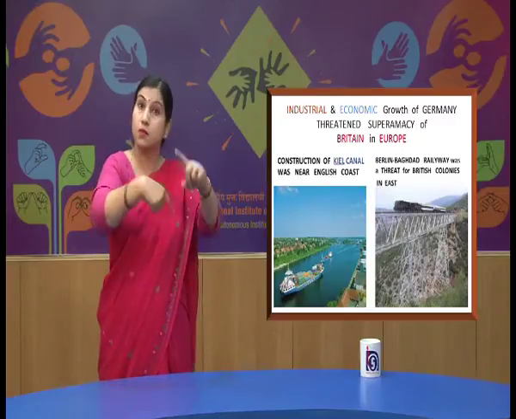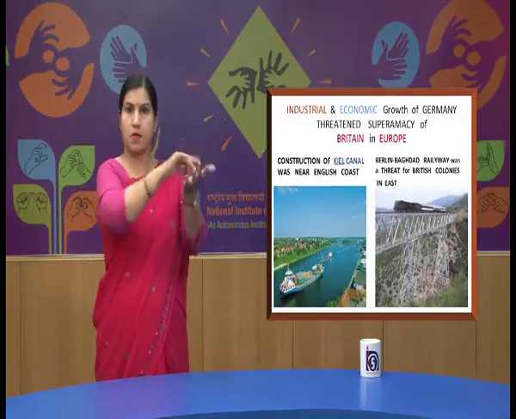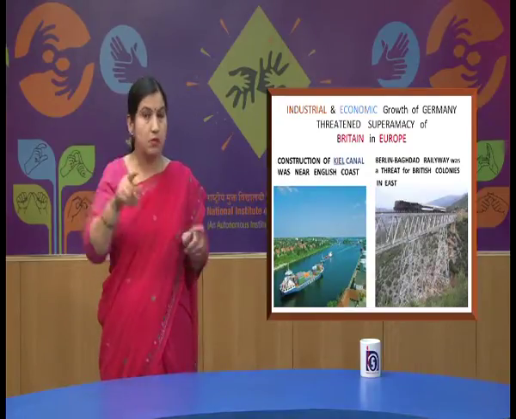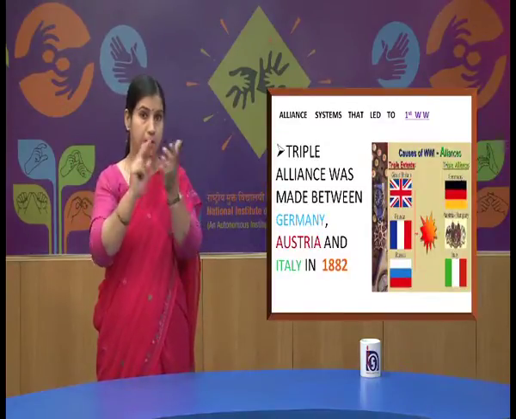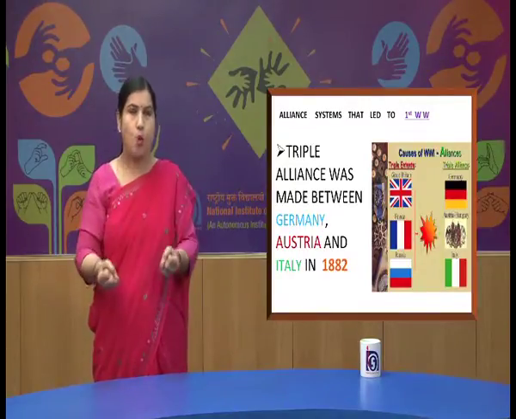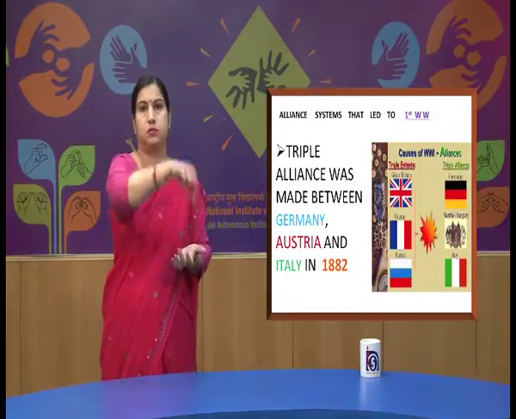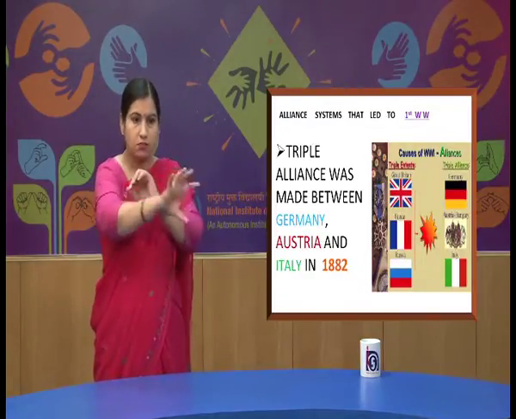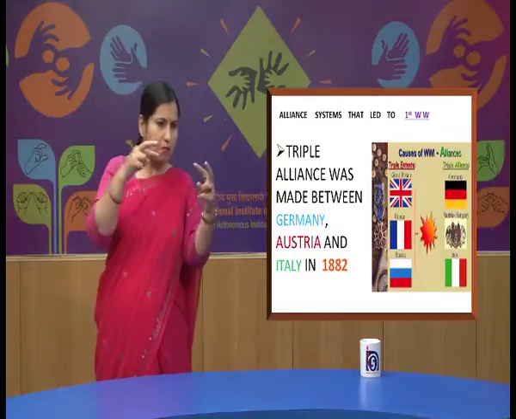Therefore, Britain became worried about its colonies in Asia. And sixth cause, Japan, Italy, and Austria had also become industrialized and wanted to occupy colonies of their own. Thus, the relations between the European countries had become tense, and all the countries looked at each other with suspicion.